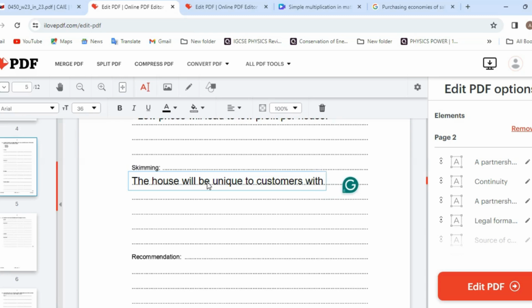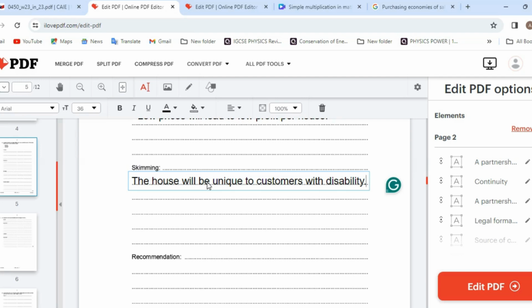Let's use our application here with disability, as it meets the requirement. Customers have disability and they will be able to pay the high price. And this could lead to high profit.